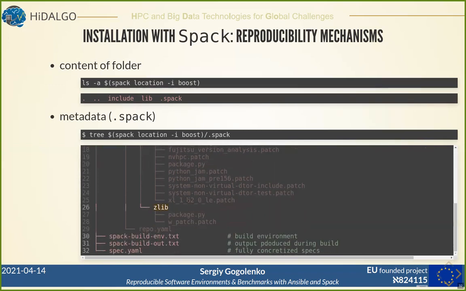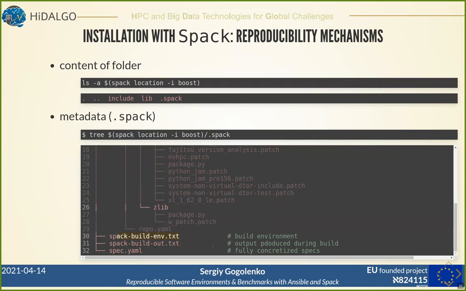So you can also get knowledge about the environment which was used to install the package. Then you have the Spack build-env output. This is basically the whole Spack build environment for the package.